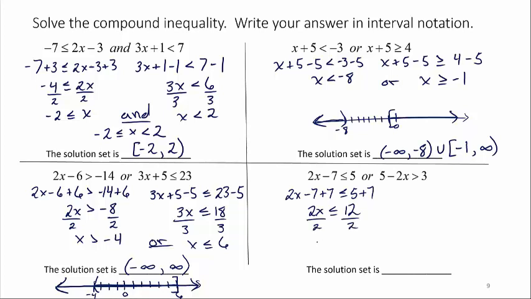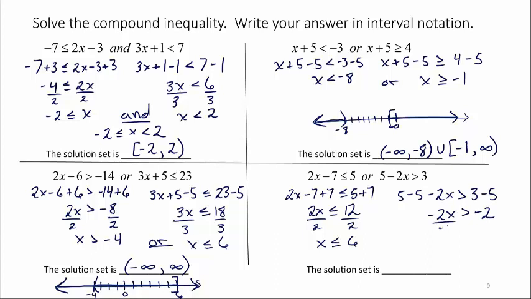Divide both sides by 2. x is less than or equal to 6. Okay. Now for the other inequality, I have to subtract 5 from both sides. So I have 5 minus 2x greater than 3 minus 5. So -2x is greater than -2.